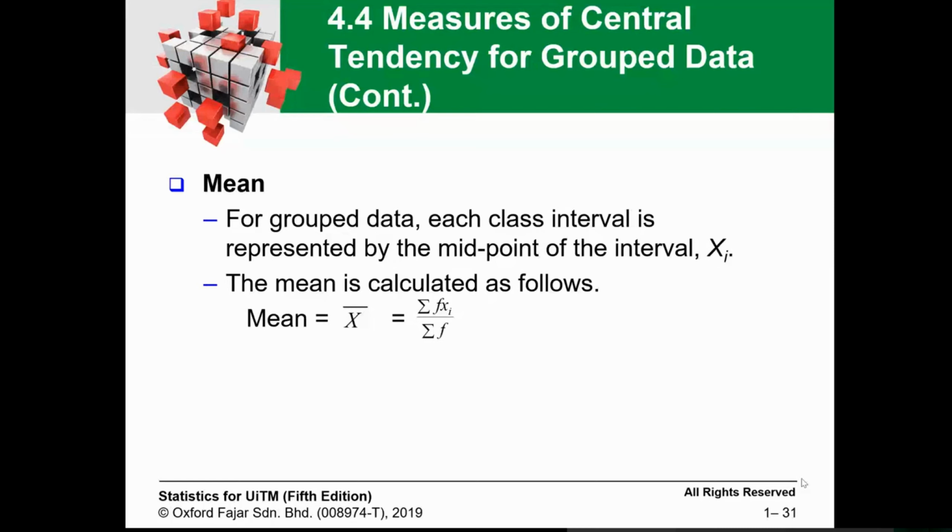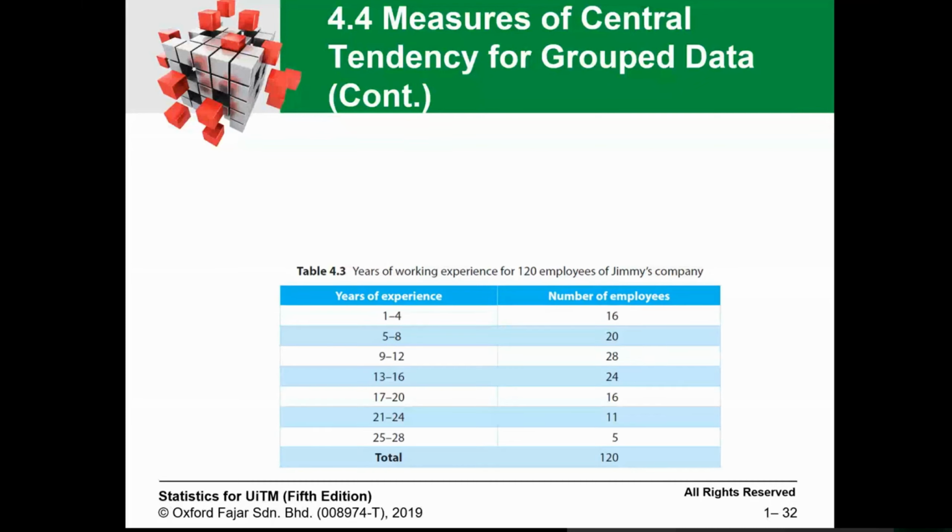Midpoint is highest plus lowest divided by 2. Okay, so let's go back to our slide. To calculate the mean for grouped data, we have to calculate the midpoint of each interval, which means each category. Then we calculate the mean. Here we have an example.